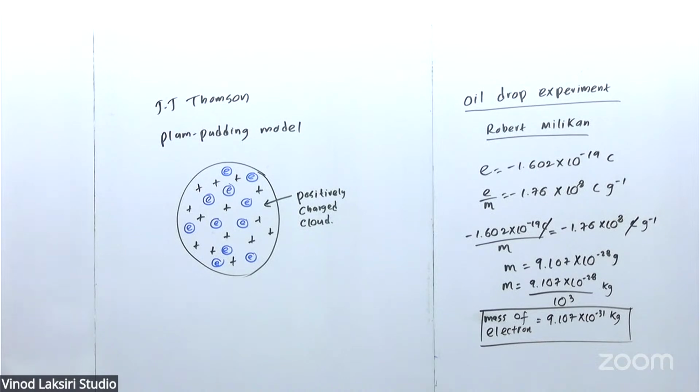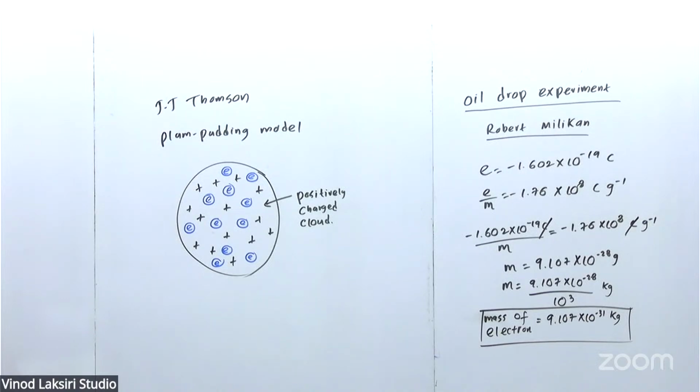It is minus 1.602 times 10 to the power minus 19 coulomb.